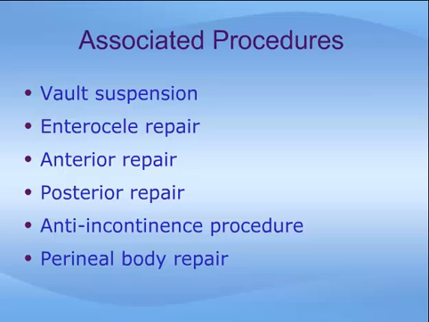The need for these should be recognized before surgery and discussed with you so that your surgeon may proceed with the repair. These procedures include vault suspensions, enteroceal repair, anterior repair, posterior repair, an anti-incontinence procedure, and a perineal body repair.